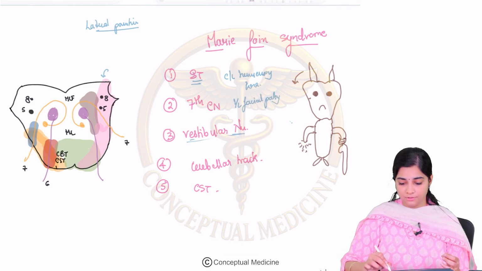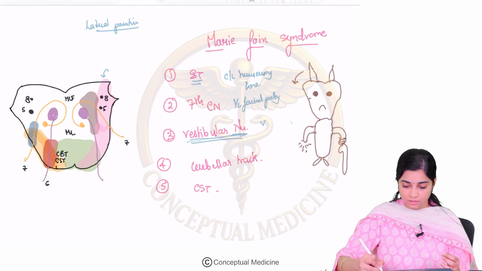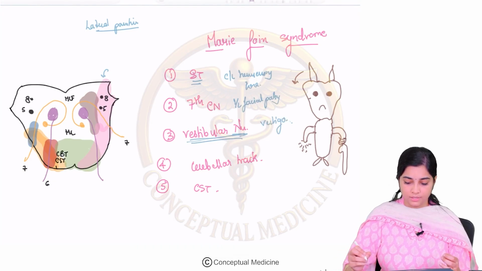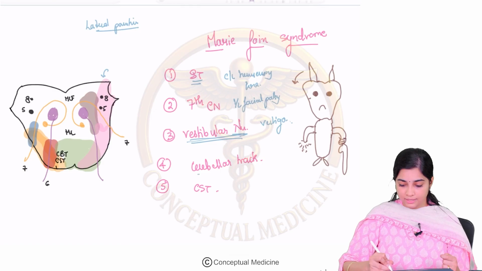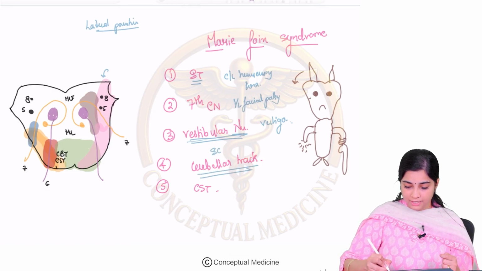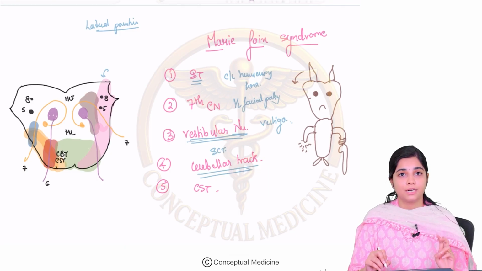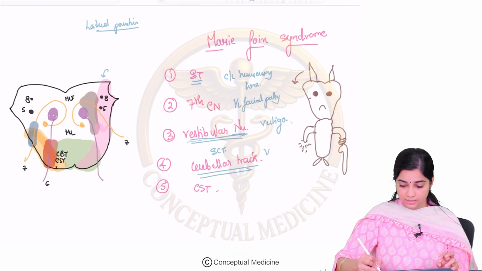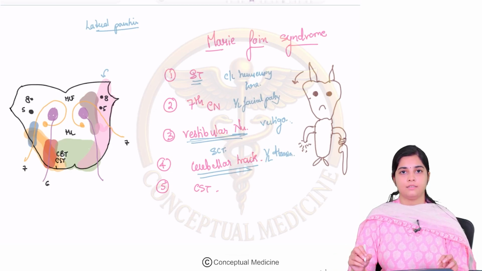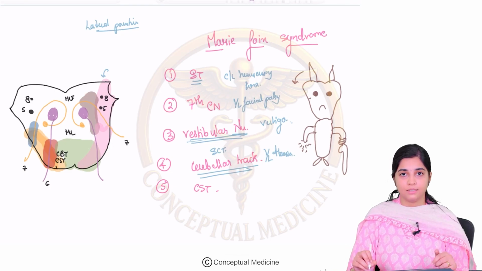Vestibular nucleus involvement can cause vertigo. Okay. Then cerebellar tracts, which are your spinocerebellar tracts. Remember, involvement of the spinocerebellar tracts causes ipsilateral ataxia. Here you have ipsilateral ataxia and involvement of the corticospinal tract.